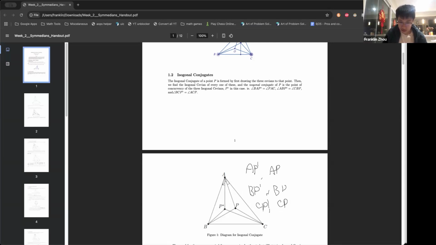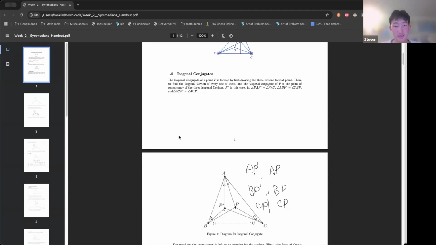In other words, we must have this angle equal to this angle, and this angle equal to this angle. Only in this case will P prime and P be isogonal conjugates with respect to triangle ABC.